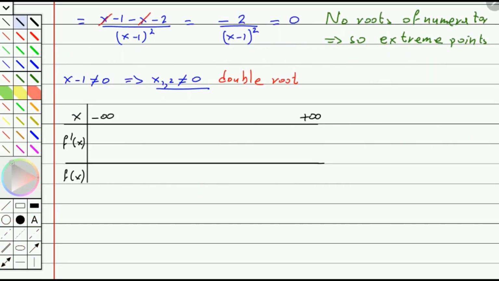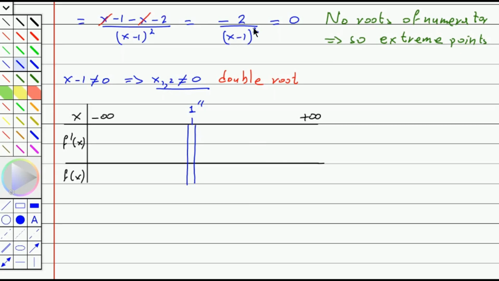So we continue by constructing the sign table in order to place the double root of the denominator, like so. This is one double root, but because we don't want it to be 0, we place the parallel lines because this is a singularity. On the right hand side, we can see that there is a constant negative sign on the entire fraction.